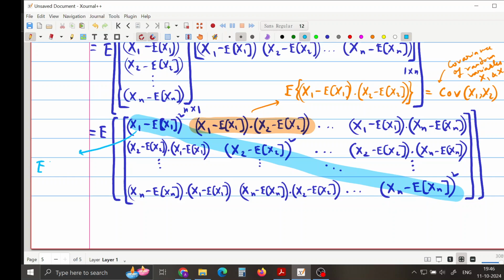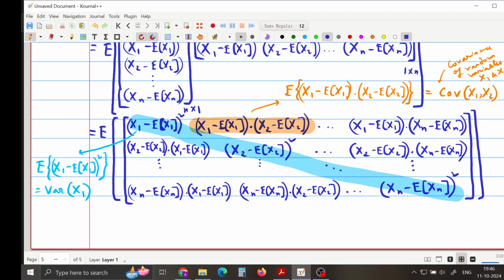If you take expectation inside, you have expectation of x1 minus its expectation squared, and this is simply the variance of the random variable x1. So all these diagonal entries will contain the variance terms.